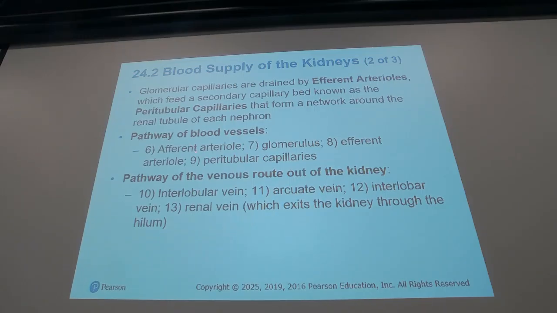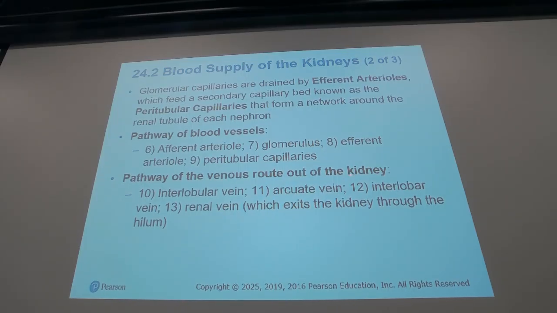So this is the pathway after the blood passes through the glomerulus. From the afferent arteriole, the blood passes into, this is inside the corpuscle. So once the blood goes from the afferent arteriole into the glomerulus, it will go into the efferent arteriole and then into the peritubular capillaries. And then from the peritubular capillaries, the blood is going to be drained into the interlobular veins and then into the arcuate that follows the same pathway as the arteries.